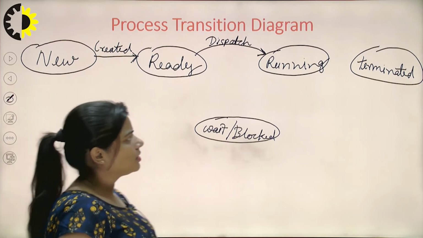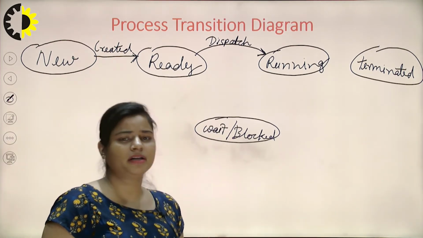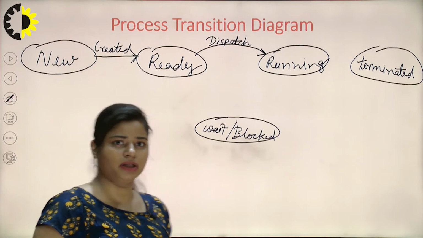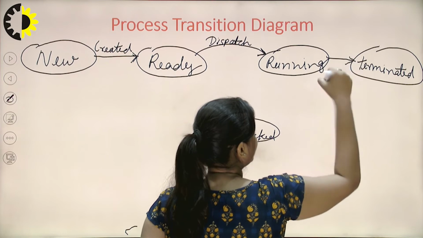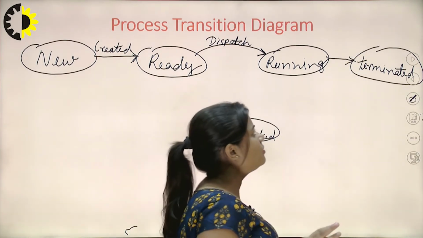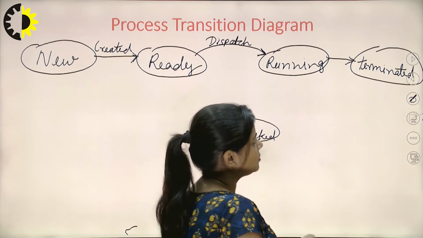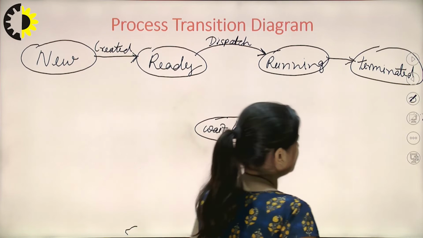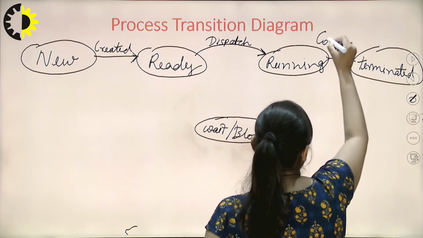Let's suppose a process is already in running state, and it has completed its task fully. So it will move towards terminated when it gets completed. Now the process has completed its task in running state, so it is going to move towards the terminated state when the process gets completed.